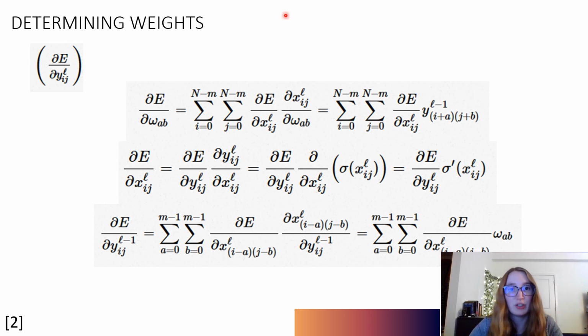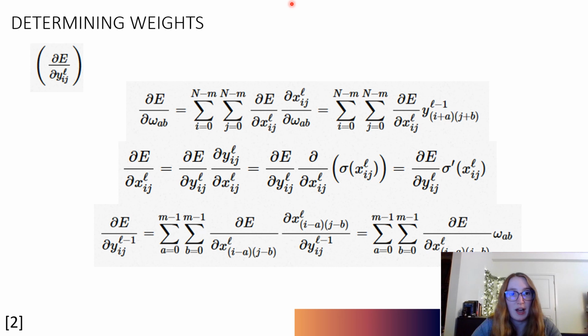Starting at the convolution layer, which has known error values, we need to work our way backwards in order to determine the error of the previous layers. This is represented as the partial derivative of E with respect to the output of each node. And ultimately, we need to determine the weight matrix. The first step that is required is to find the gradient components of the weights.